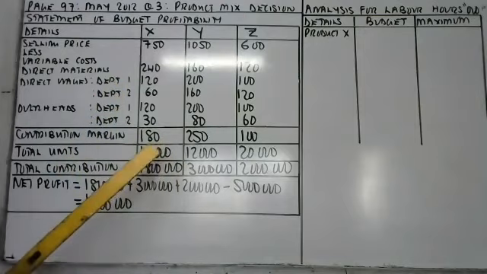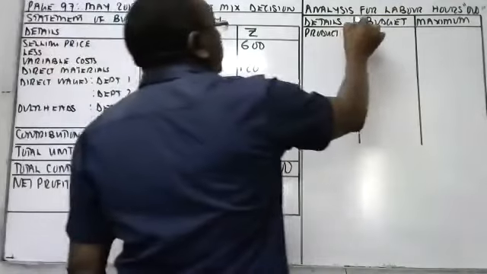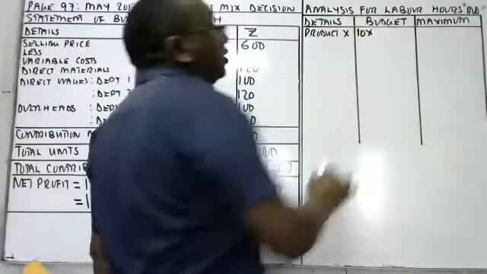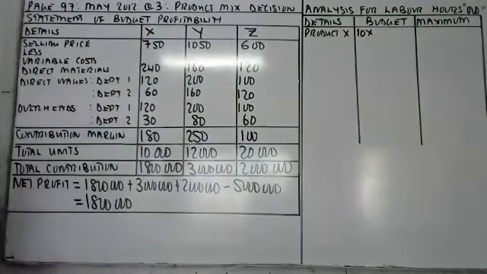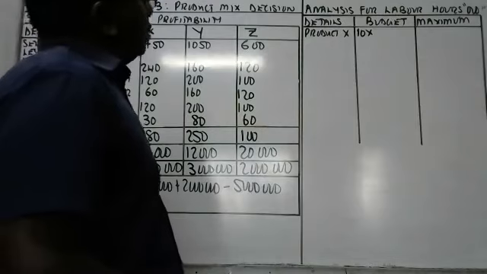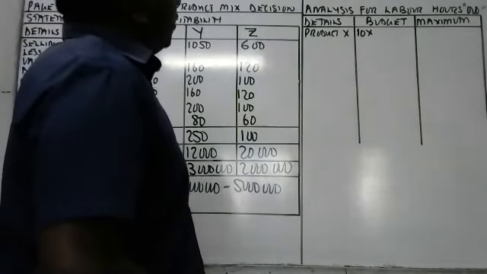Product X, according to the budget, is 10,000 units. And one unit is taking us, I should have divided it further.